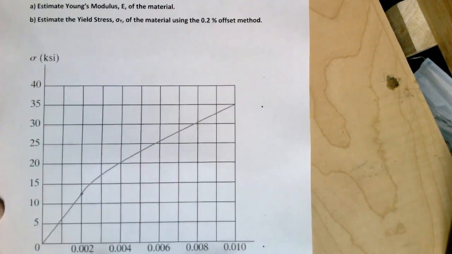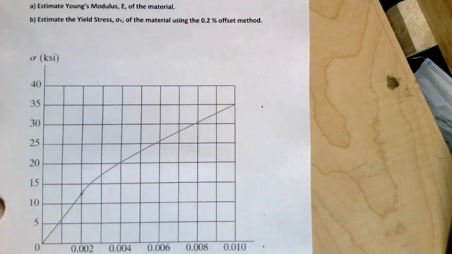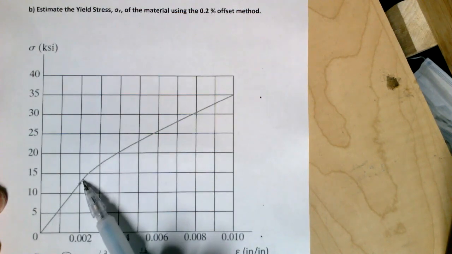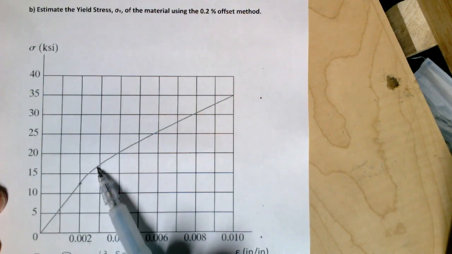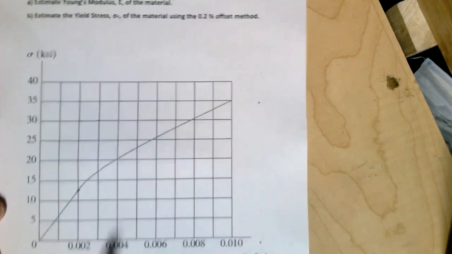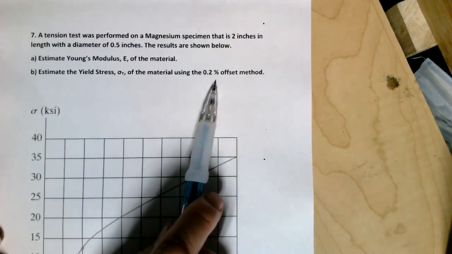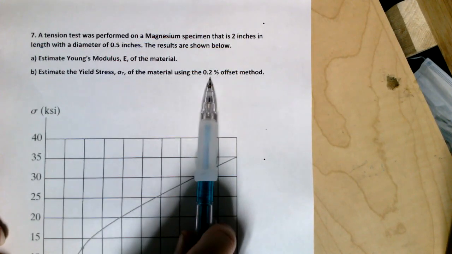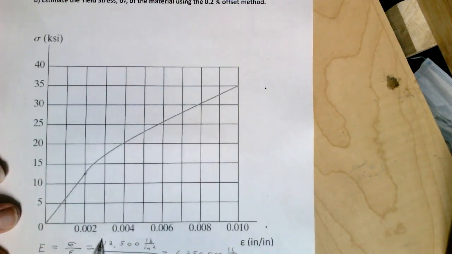The other thing we have to do is estimate the yield stress of the material using the 0.2% offset method. The yield is going to occur somewhere along here where you start to see this curved region, but it's always very difficult to estimate where the yield actually begins. So usually they'll use a 0.2% offset method or 0.3% offset method. And what that means is, 0.2% in decimal form would be 0.002.